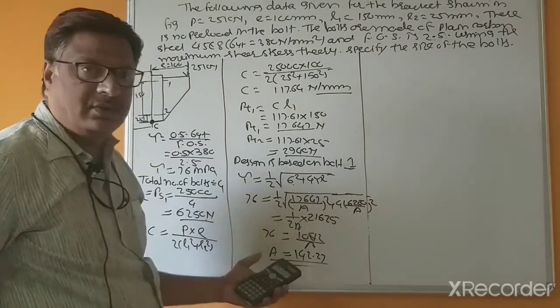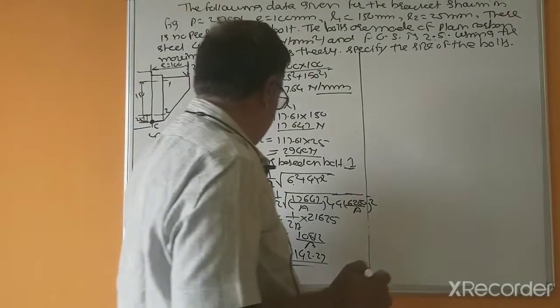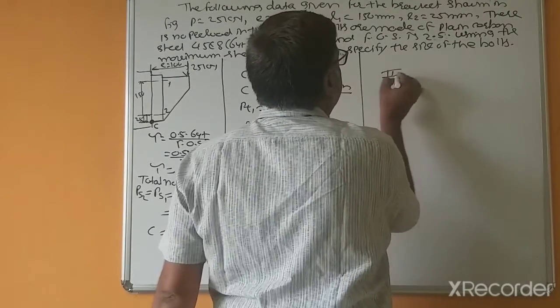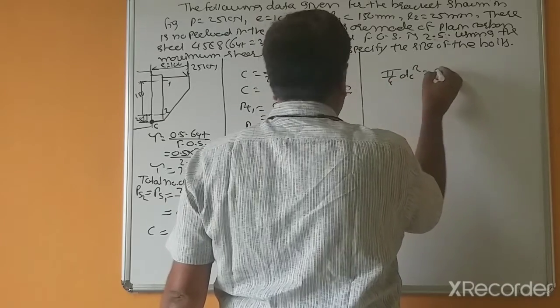So what I got? 142. So that's why pi by 4 DC square equals 142.27.